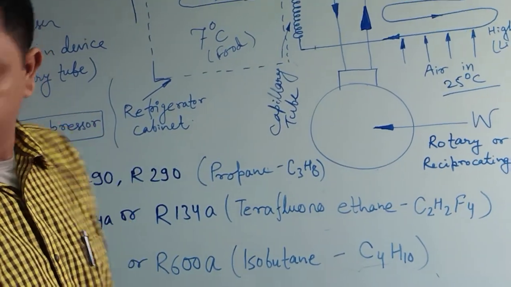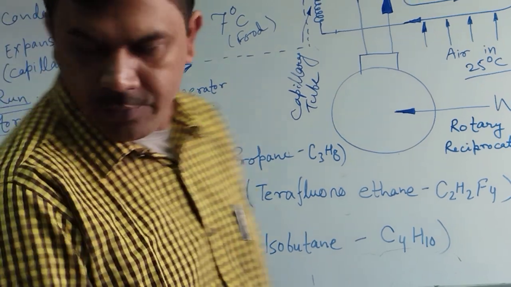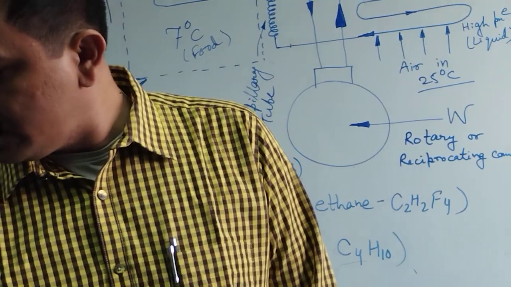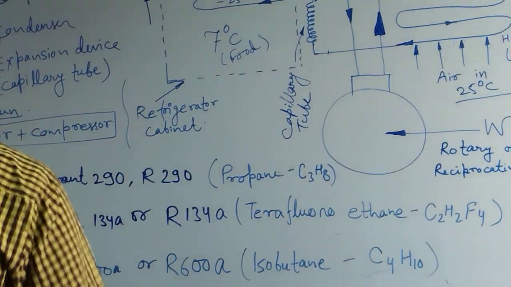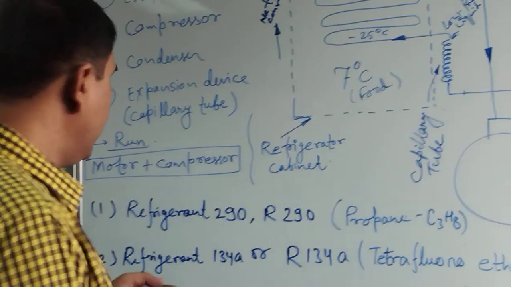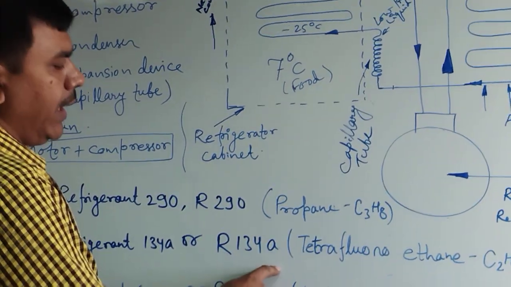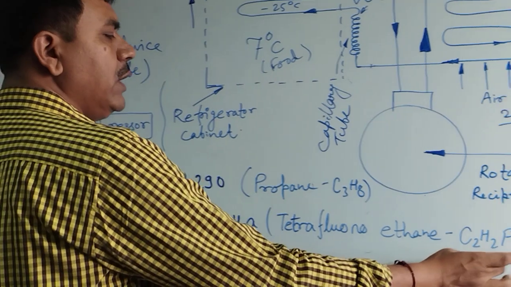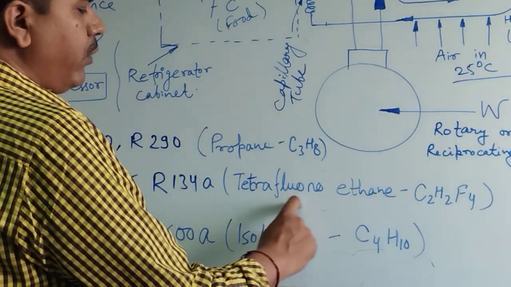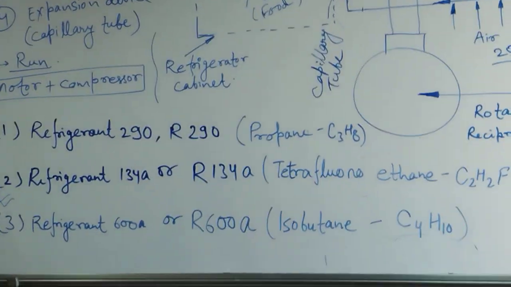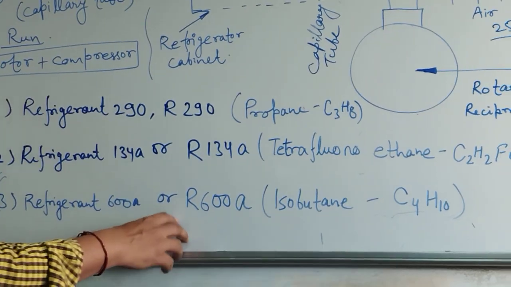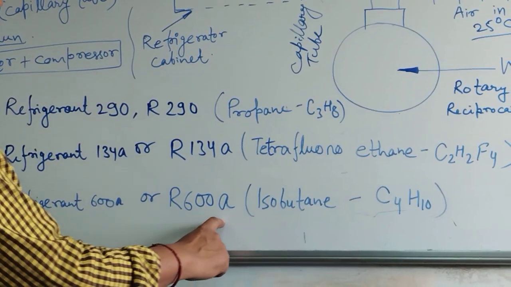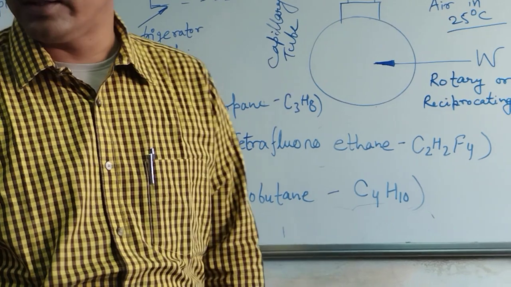This is tetrafluoroethane. Something is written wrong here, so we will correct it. Refrigerant R134A has the formula C2H2F4, tetrafluoroethane. The other refrigerant is R600A, which is isobutane, C4H10.